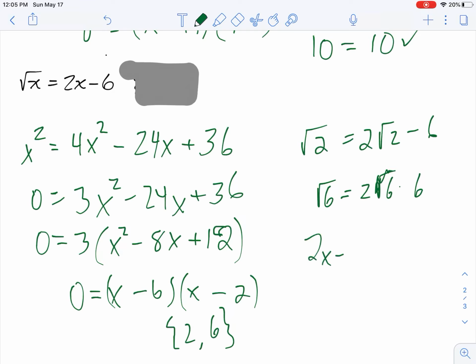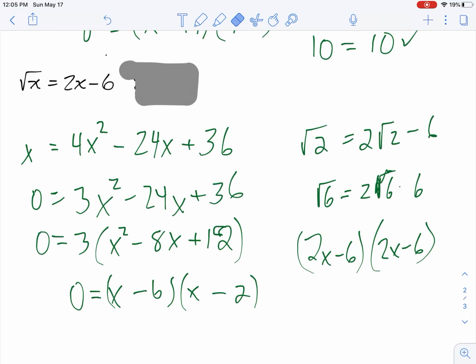So let's make sure I FOILed. Okay, so 4x squared minus 12x minus 12x. Okay, so minus 24x plus 36. Oh, I know. Here we go. Did you see that? That should not be there because it just becomes an x.